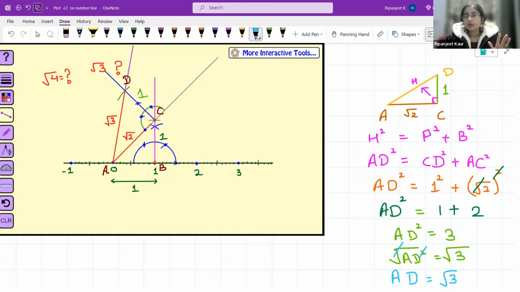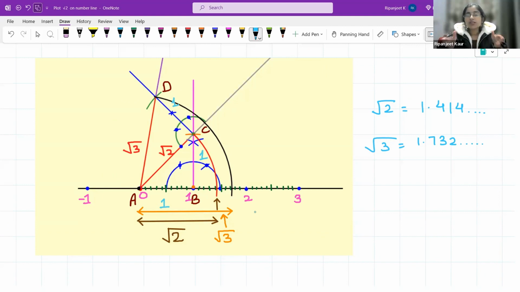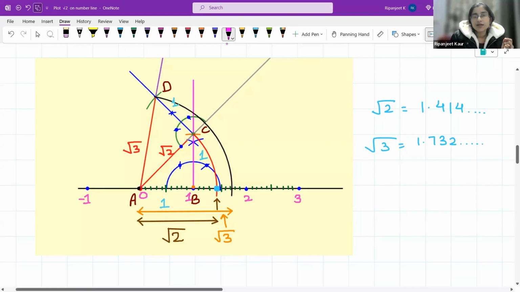Now after this we found the lengths root 2 and root 3. Root 2 is this blue point, and root 3 is this pink point.